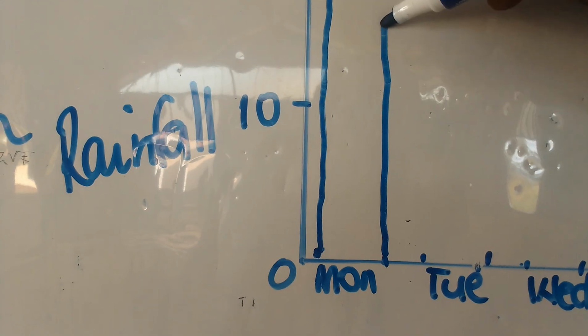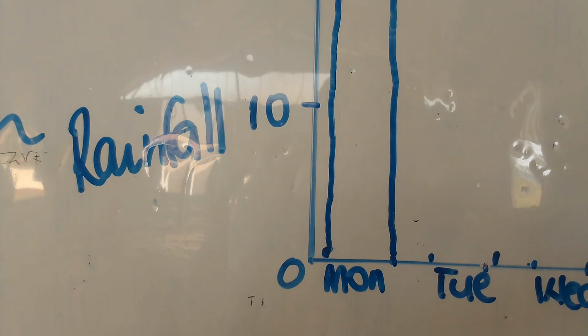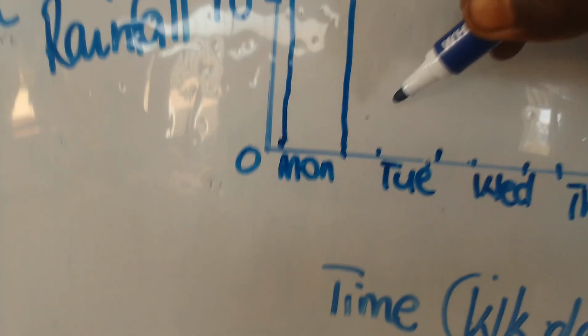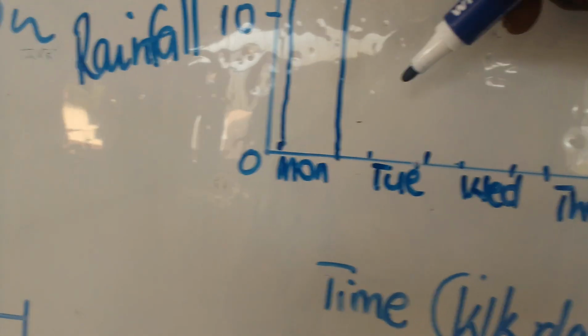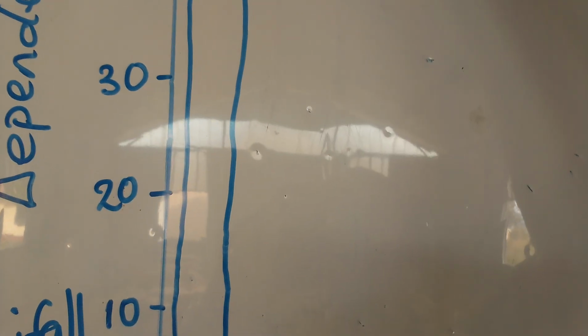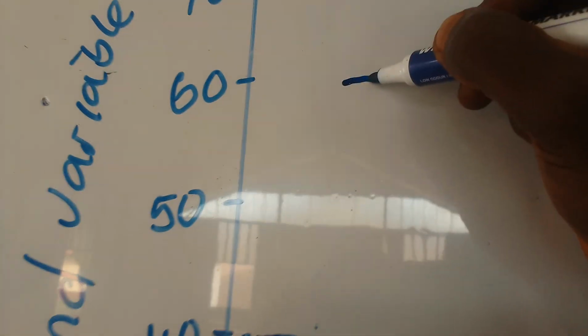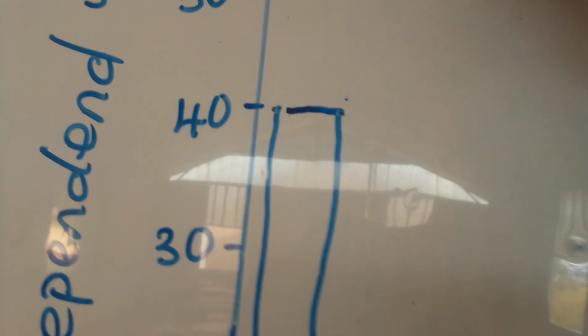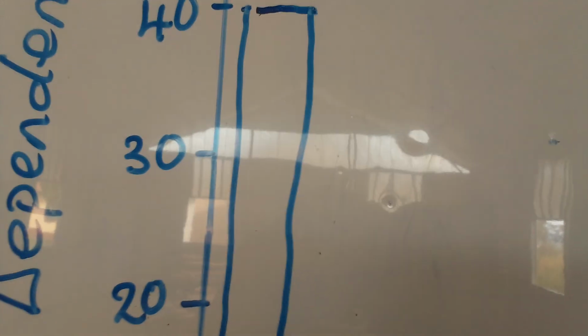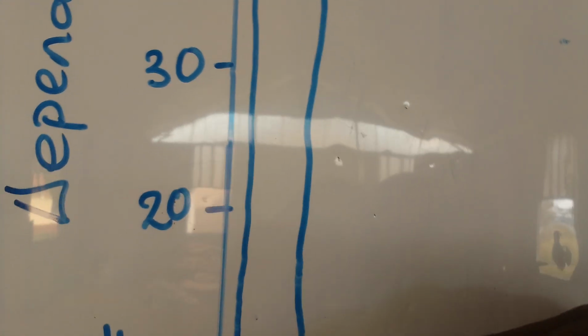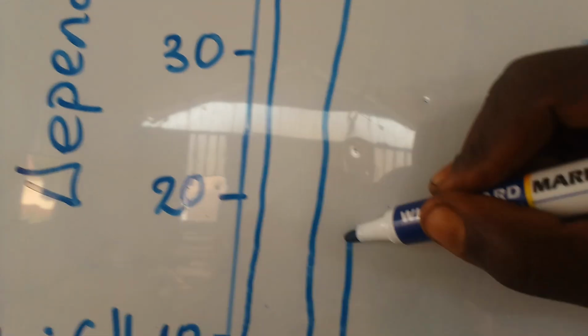Because I'm alone here, I'm using freehand. Then Tuesday it's 60. I go to 60 there. That's where my 60 is. I put a mark there.